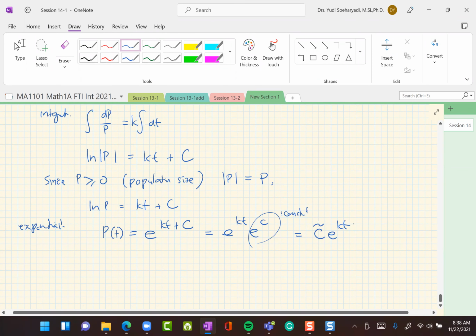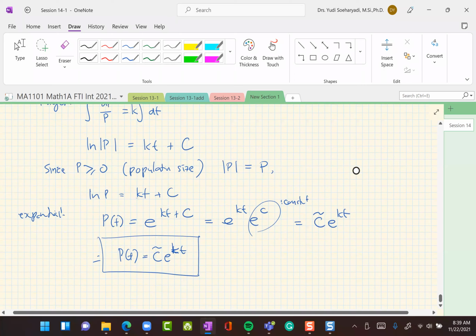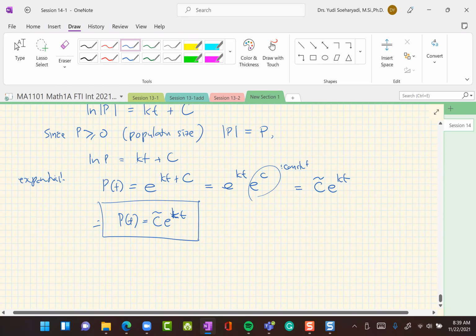We have the population as this. To find c tilde and k, we need data to find k.